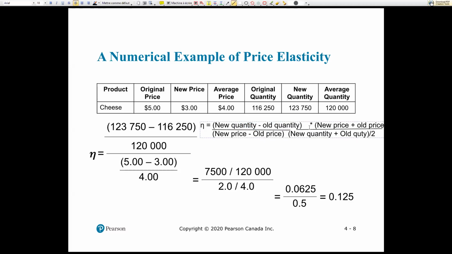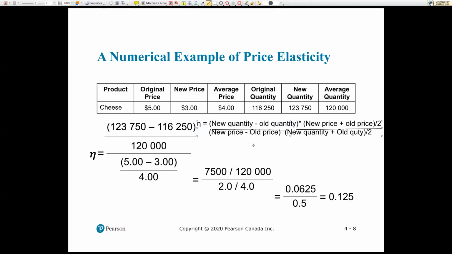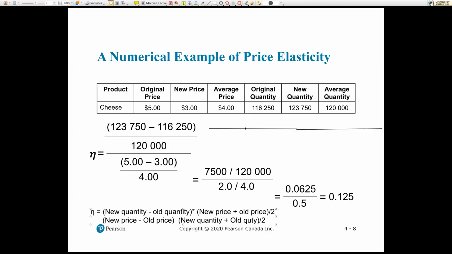So wouldn't it be new minus old divided by old, and then over new minus old divided by old? Yeah, that's what I would think too. But here they want you to use the average point. So since they always write it this way, that's how you're going to have to write it. Okay, let me put that down here. It's easier.